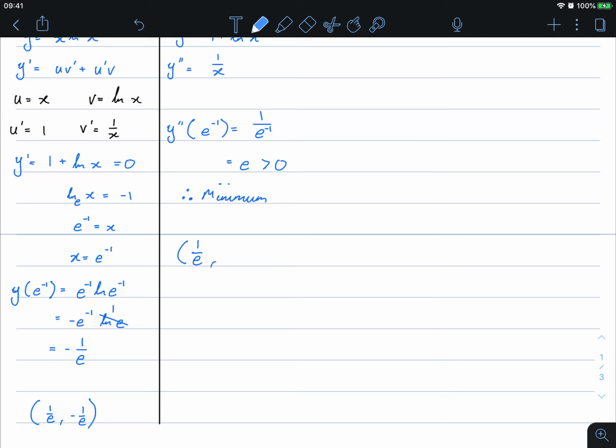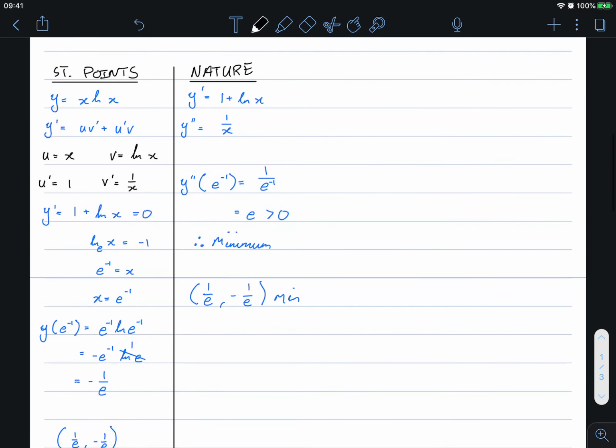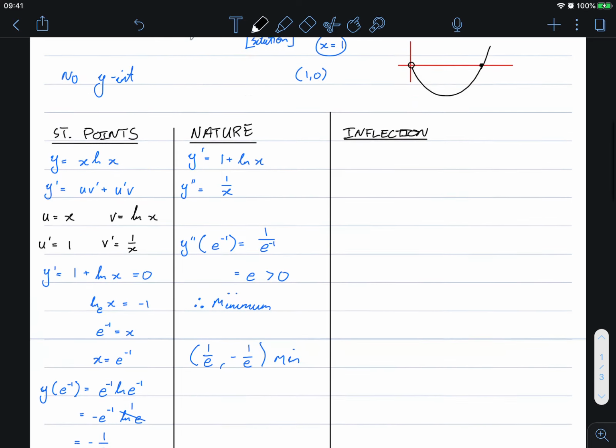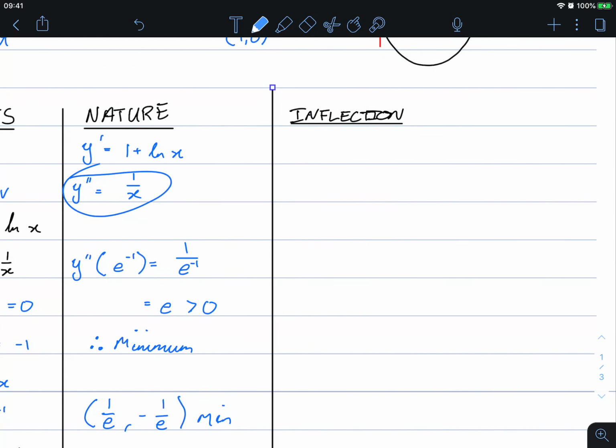So 1 on e, negative 1 on e is a minimum. Last thing we need to find is any possible points of inflection. Well, if we consider this, we already have the second derivative.